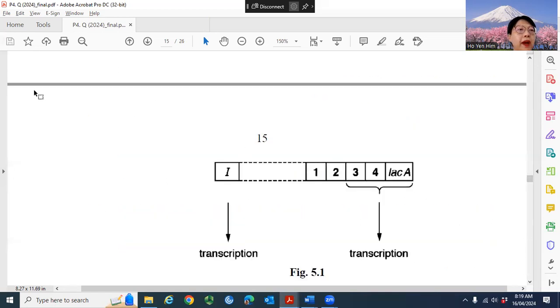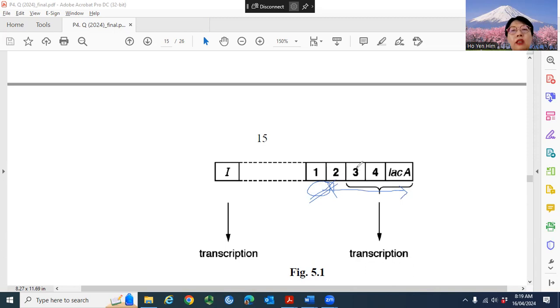So it can no longer bind to here. So when it cannot bind to here, the RNA polymerase can bind and start transcription. So they ask you what happened when that repressor protein is mutated, right? So it cannot bind.